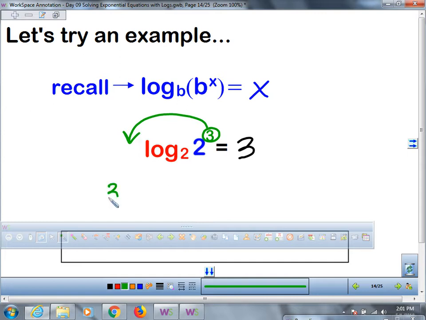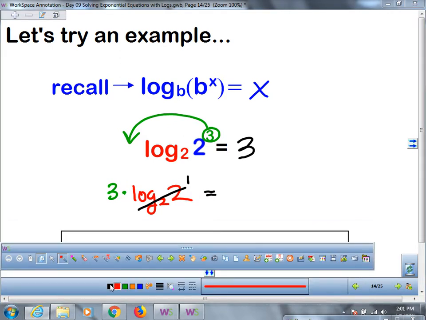So now I have 3 times log base 2 to the 2. Well, isn't 2 to the 2? No. It's 1, right? Because 2 to the 1 makes 2. So isn't this really 3 times 1, which equals 3?